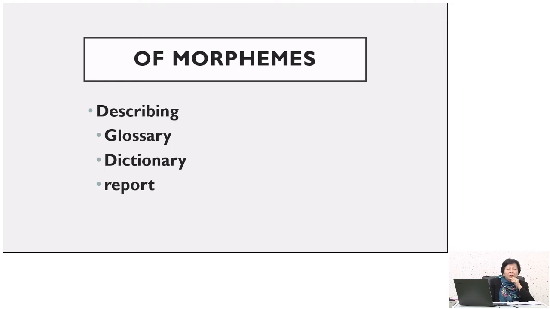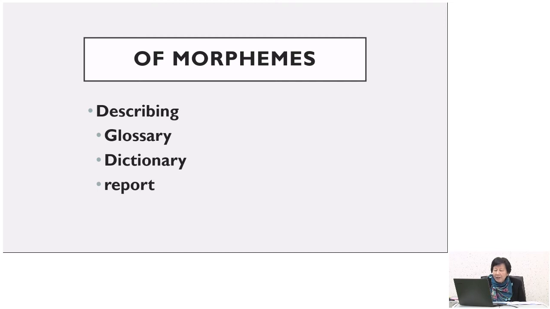We call it a suffix dictionary. But if you would like to talk about the affix dictionary, it means you list all the prefixes, all the suffixes, all the circumfixes, or the infixes that occur in English. So it depends on the data you gather when you do morphology.